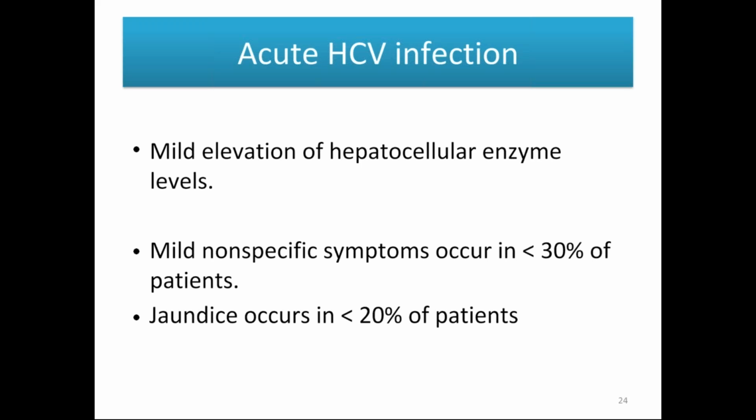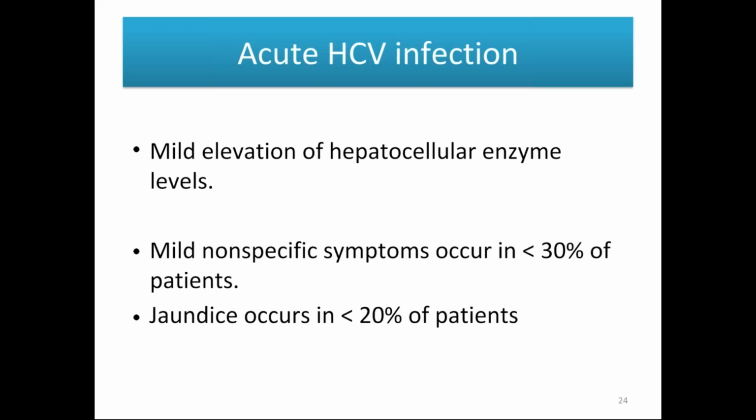So I'm not going into pathophysiology because you will learn that from general medicine. Your general medicine faculty might teach you about the pathophysiology and the presentation forms. I'm not going into detail on those things.